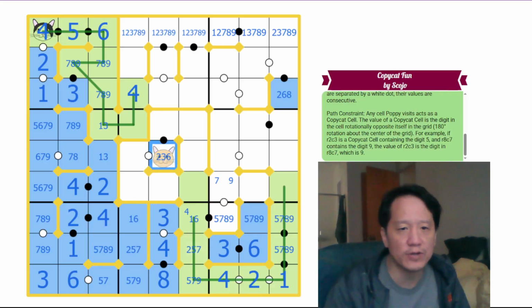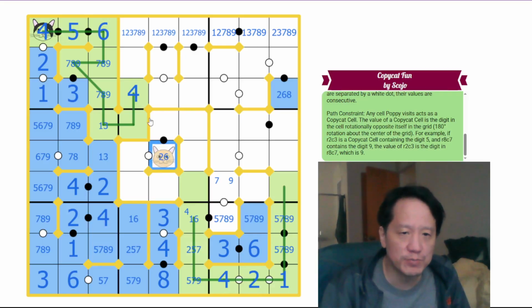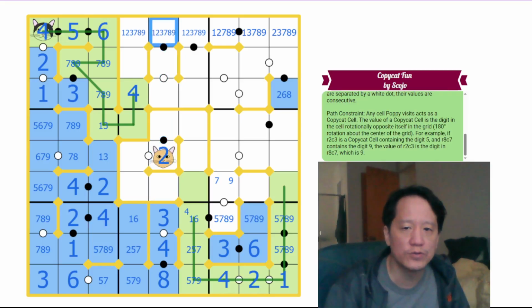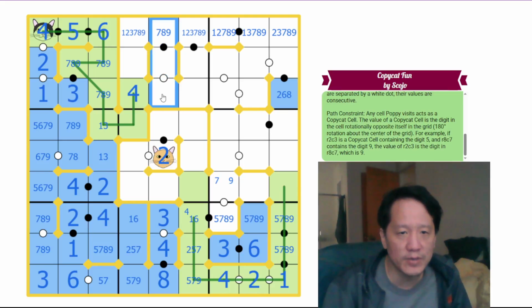This can't be 3. So then this must be a 1 to 2 ratio, and it has to be 2 and 1. That's interesting. So no 3 here, no 2 here, no 1 here. Okay, that means it would have to go through this part to be in a 1 to 2 ratio. Otherwise, it just doesn't work.